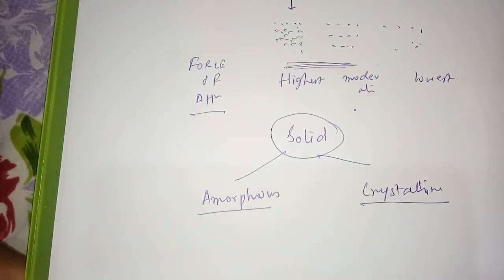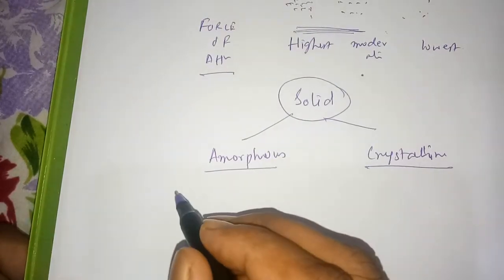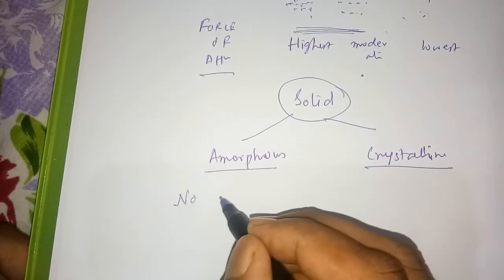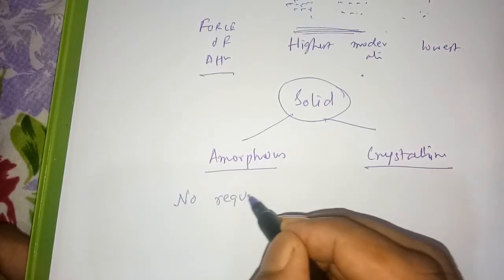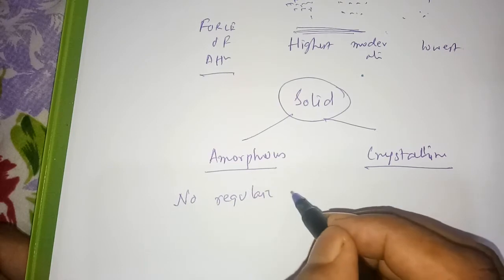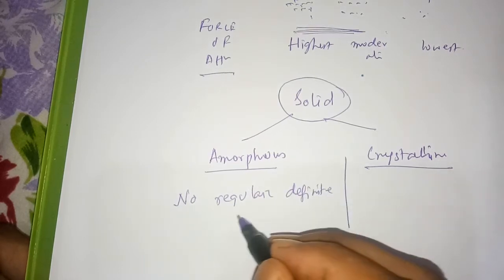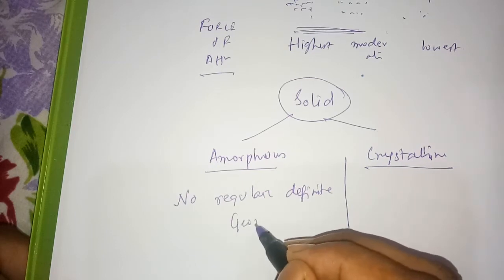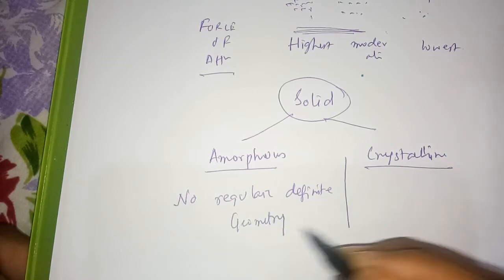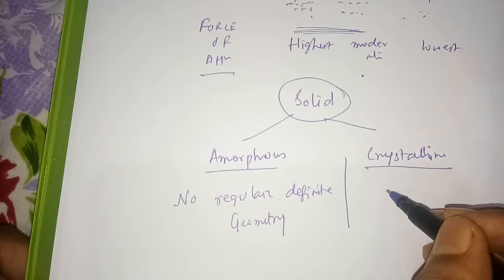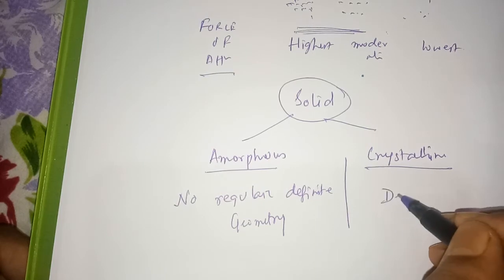Amorphous, no regular definite geometry. And crystalline having definite geometry.